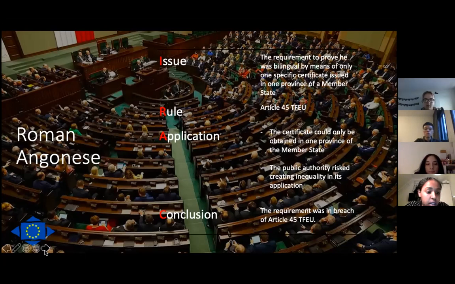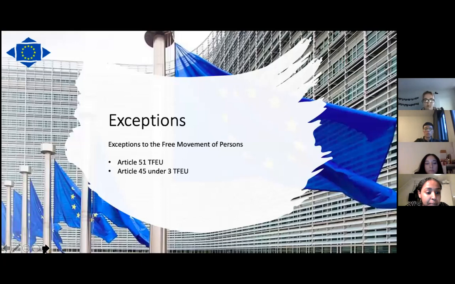Moving on. So as I mentioned before, workers have rights. However, there are also exceptions to the free movement of persons. The first restriction on the free movement of persons is based on employment in public service. Under Article 51 TFEU, a member state can restrict access for self-employed persons to activities in which an official authority is exercised.